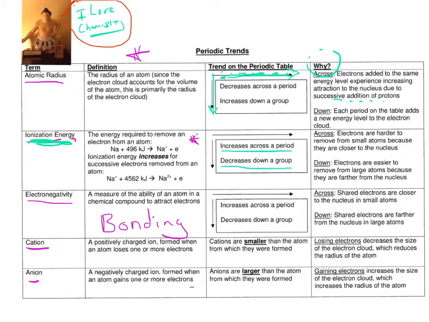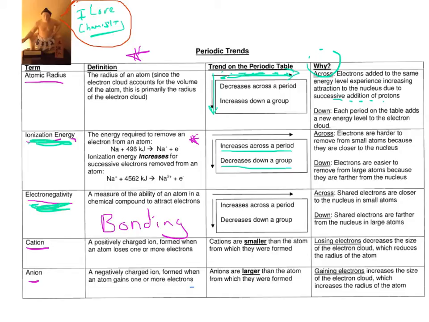And then, again, I'm going to skip electronegativity for a cation. Cations are smaller than the atom from which they formed, which means the positive ion is actually smaller than the atom it forms from. And you might think, well, why is that? Well, when we lose electrons, we decrease the size of the electron cloud, which causes the radius of the atom to get smaller.